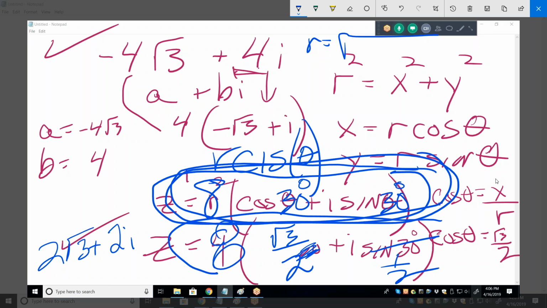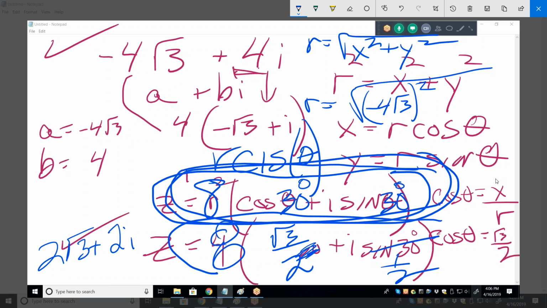Well, r is equal to the square root of x squared plus y squared. So it would be 8. You mean before factoring it? I mean, r. I think you're right. Just r. I think you're absolutely right.